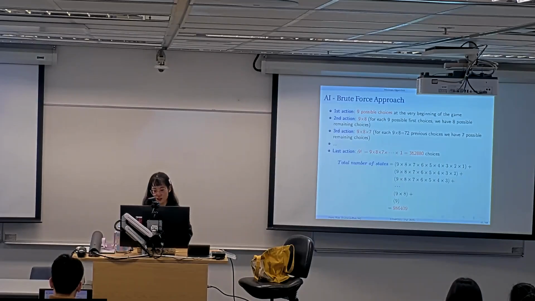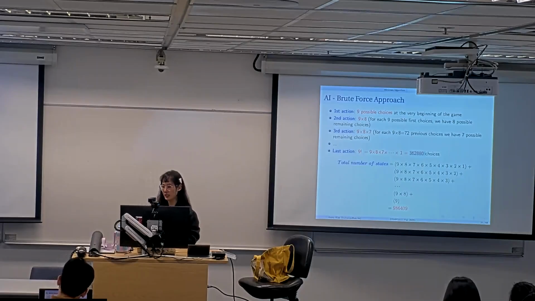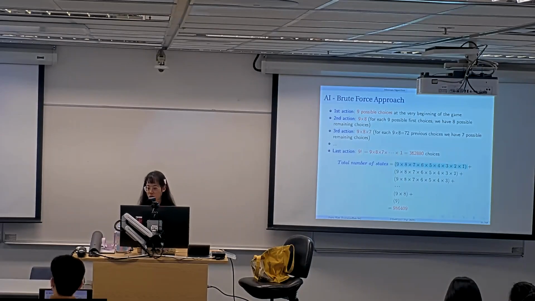That means at the last layer we have 362,880 leaf nodes. Then we can count the total number of states, right? We just add all of these nodes up: the last layer, the second-to-last layer, until we get to the first layer.